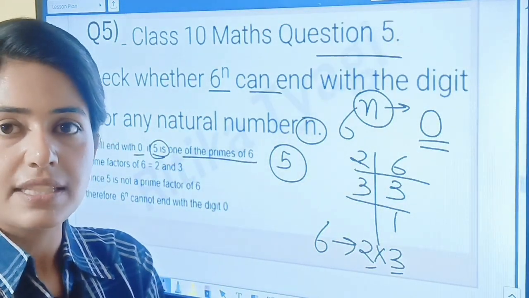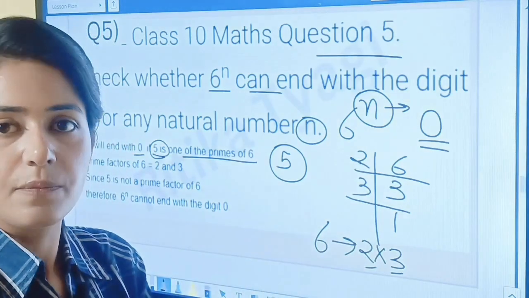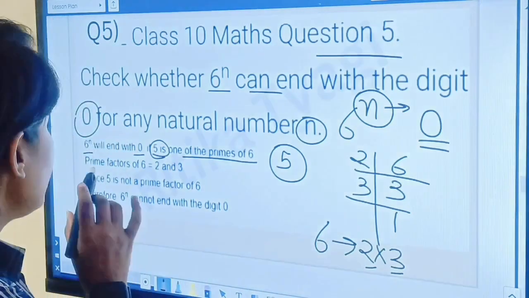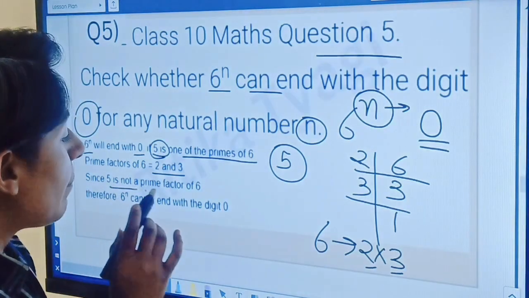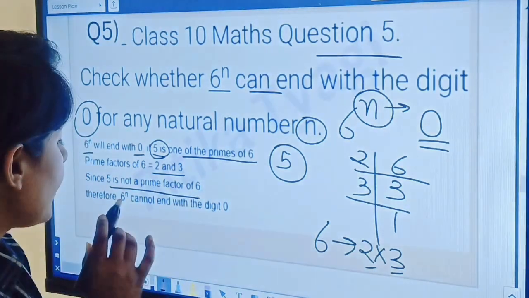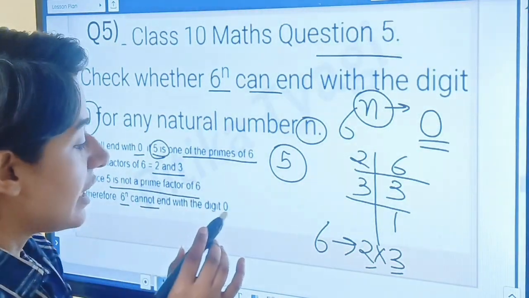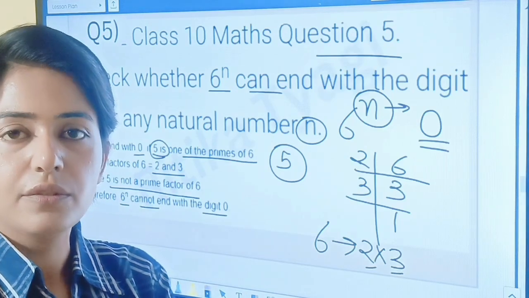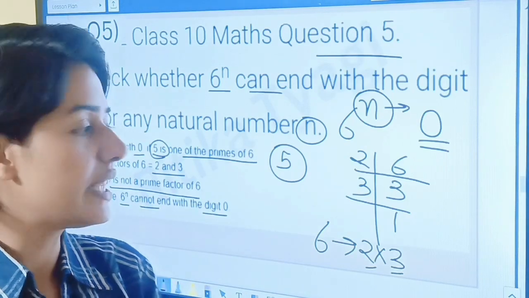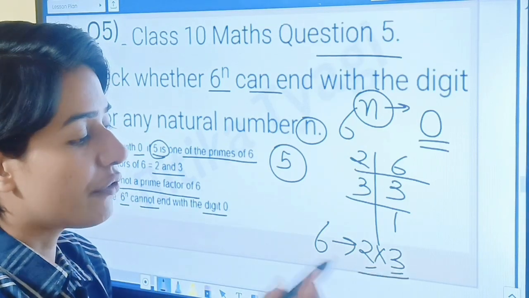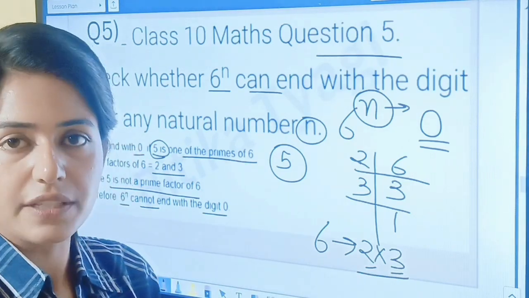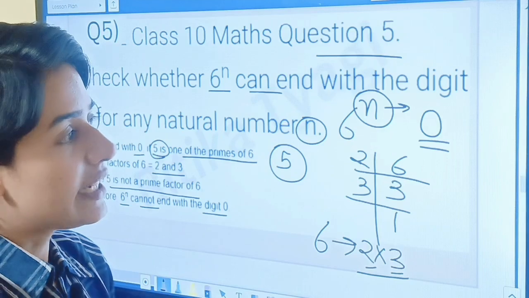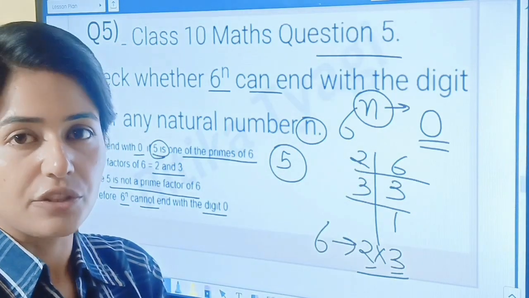If 5 is in the factors of 6, it is possible. But prime factors of 6 are 2 and 3. Since 5 is not a prime factor of 6, therefore 6 to the power n cannot end with the digit 0. So the condition for ending the digit with 0 is that 5 must be in the factors of it. But here 5 is not present in the factors of 6, so it is not possible for any value that 6 to the power n ends with the 0 digit.